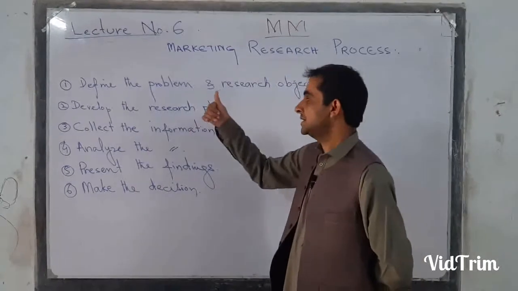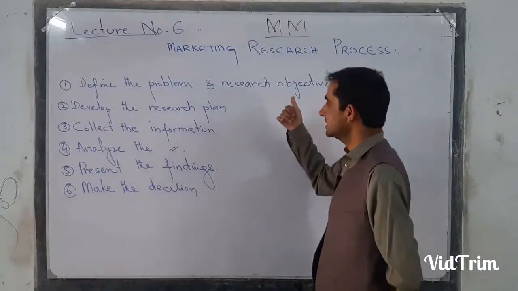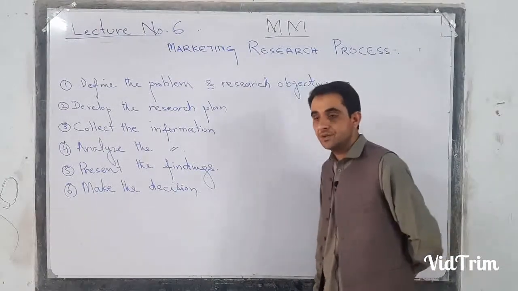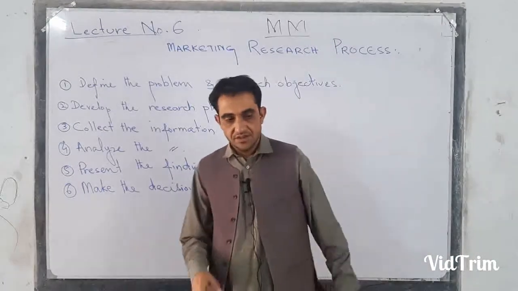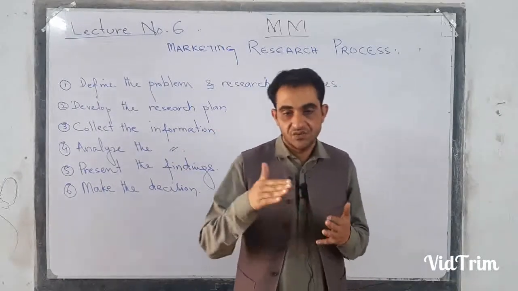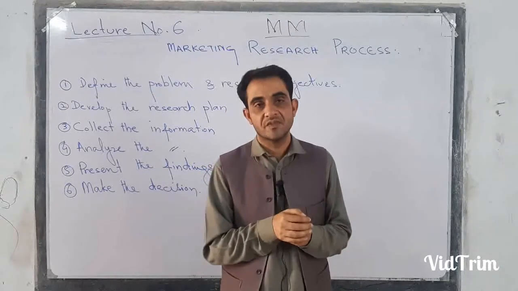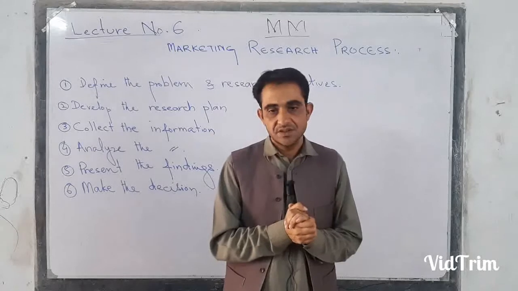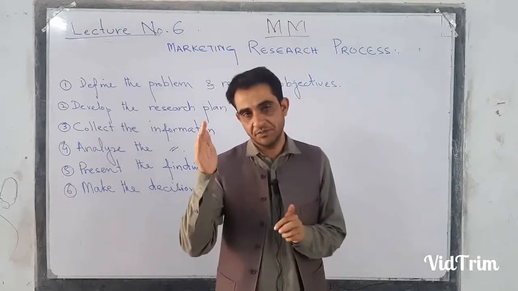Number 1, define the problem and research objectives. You know that whenever we are conducting research, we must have a problem for which we are conducting research to find out a solution for that specific problem.